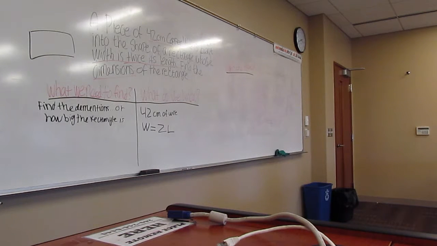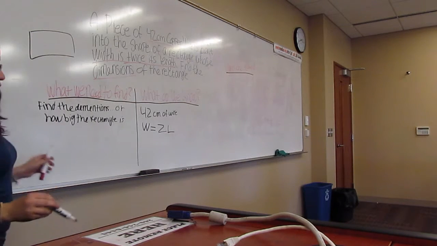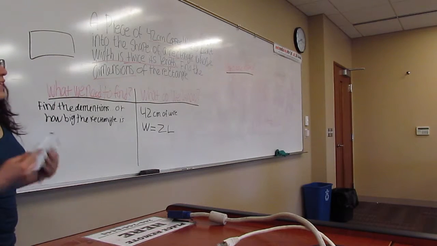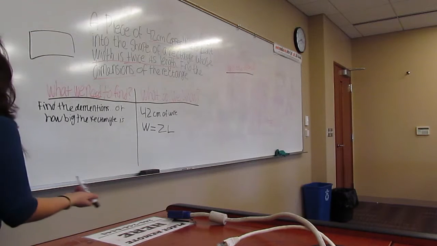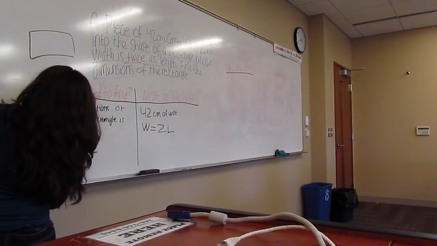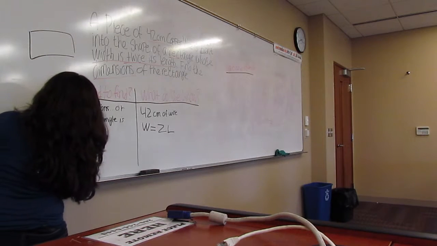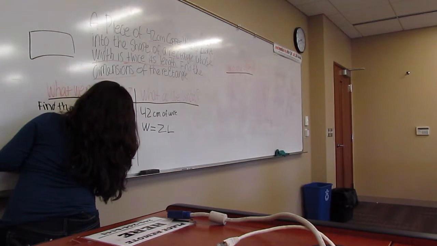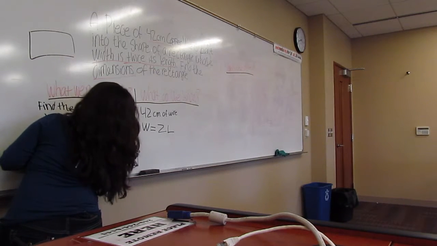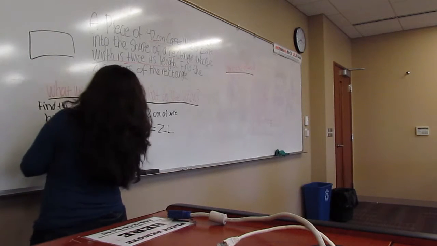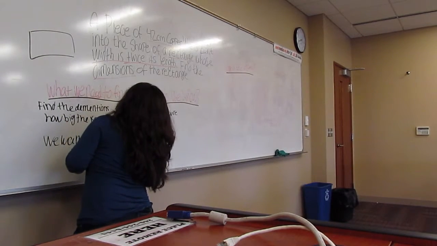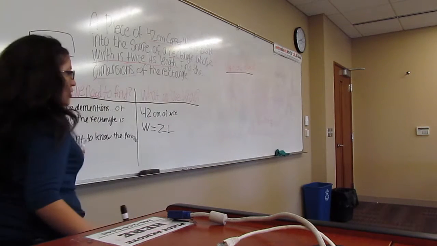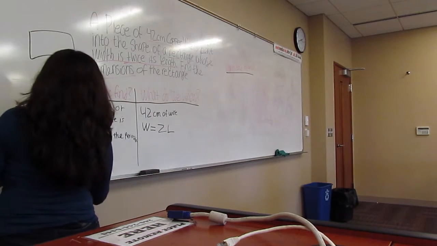Okay, so you're saying that the problem is asking us for the perimeter. So we want to know the perimeter. And what makes up the perimeter? The wire. Yes. And what is the wire equal to? 42 centimeters.